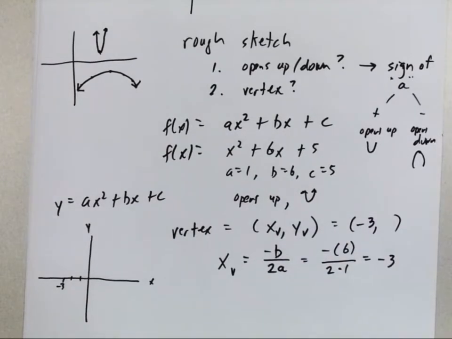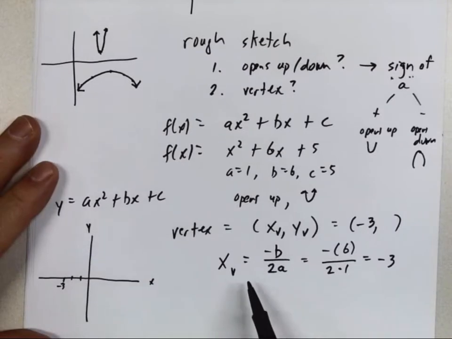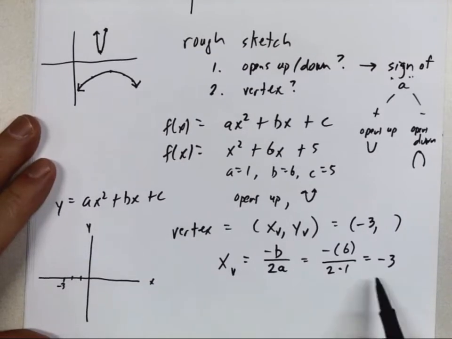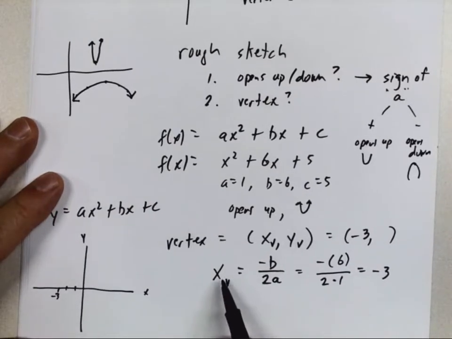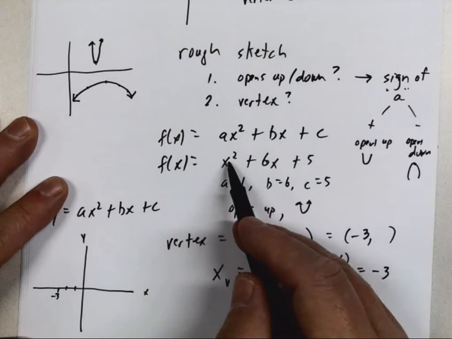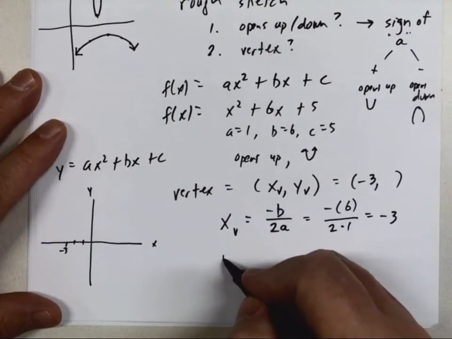And the way you do that is, once you have determined the x of the vertex, you then plug in that value for x. So here's my original equation.